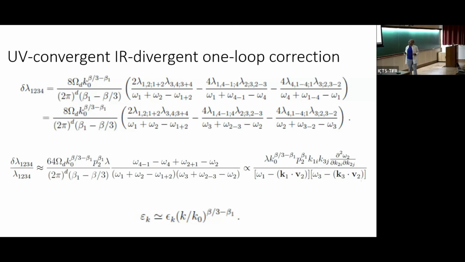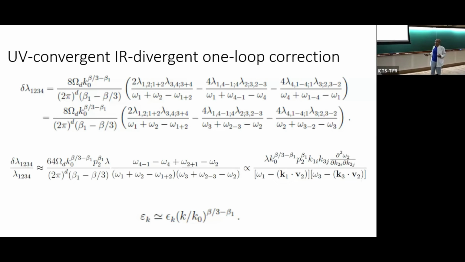On the other hand, what you find out is that K naught, which is your lowest wave number, stands here, and this combination is very often positive. It's positive for surface gravity waves on the water, for your storm. So in this case, your dimensionless coupling is not what you expected, but it is renormalized by a large factor.